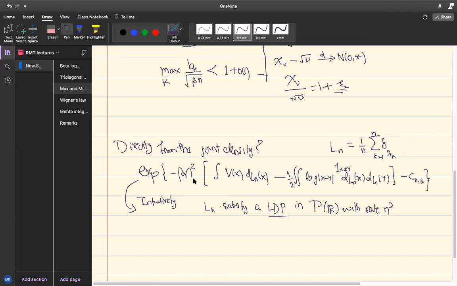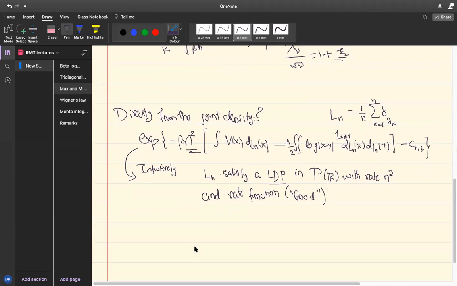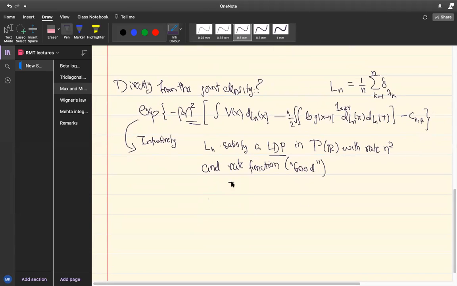The n squared comes from the fact that here it's exponential in n squared, and the large deviation rate function, what is called a good rate function in this literature of large deviations. There is a standard definition of good rate function.